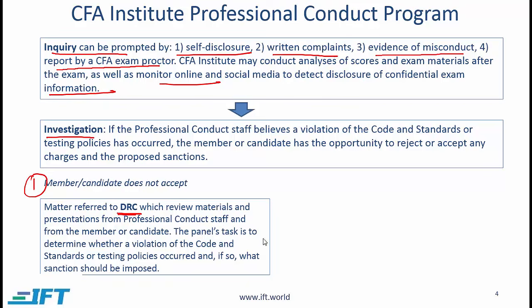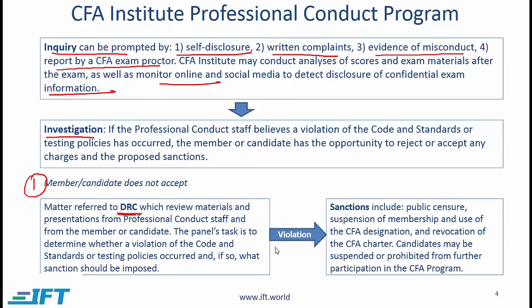The panel's task is to determine whether a violation of the code and standards or testing policies occurred, and if so, what sanctions should be imposed. In a sense, the DRC is acting like the judiciary here. It is getting information from the candidate, getting information from the professional conduct staff, and then deciding what needs to be done.